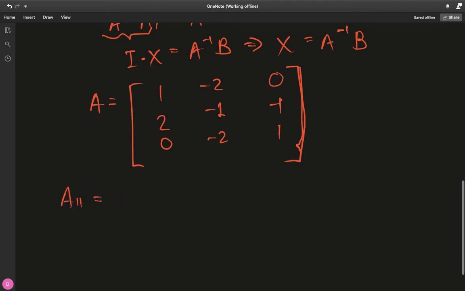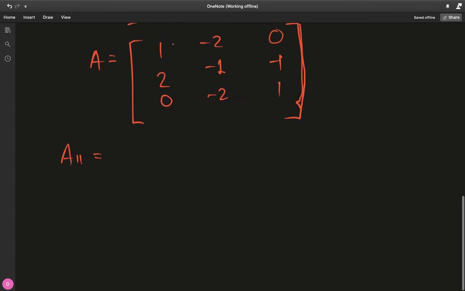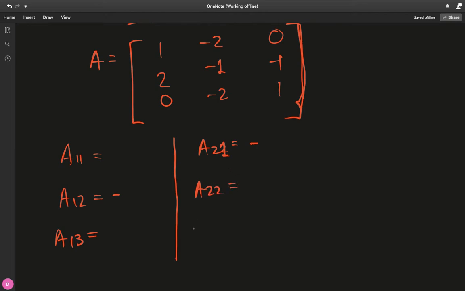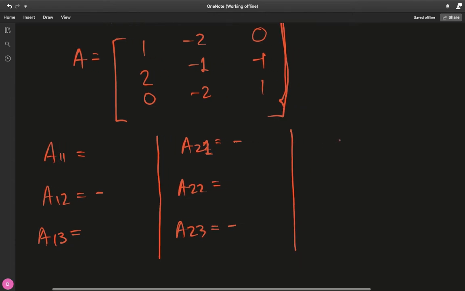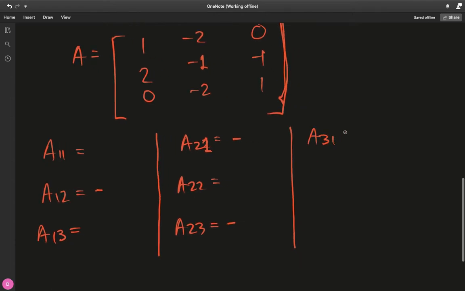So A11, the cofactor of entry 1,1, the cofactor of entry 1,2 with a negative, the cofactor of entry 1,3, then entry 2,1, 2,2, then 2,3 with a negative, and we have 3,1, 3,2 with a negative, 3,3, like that.